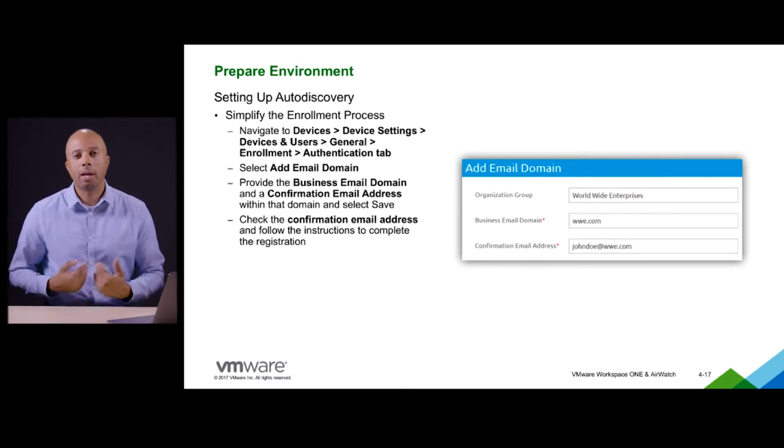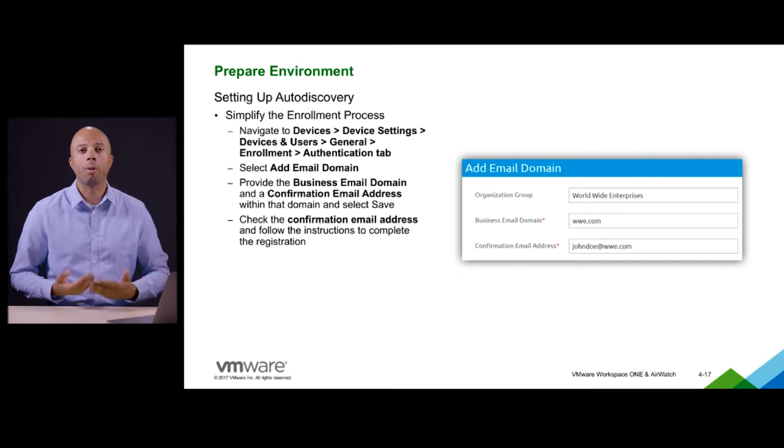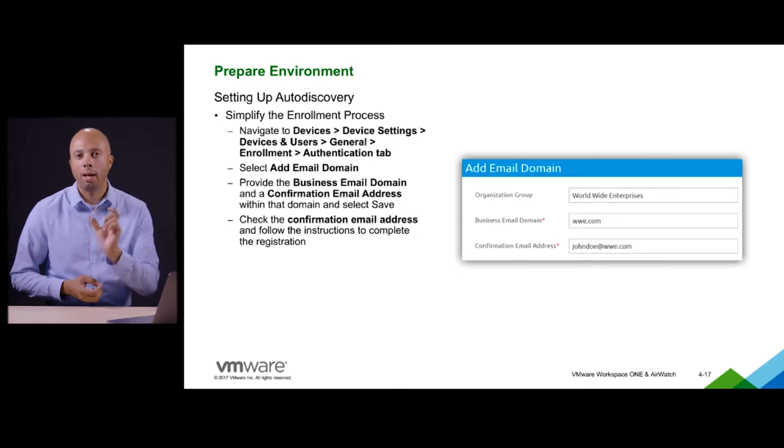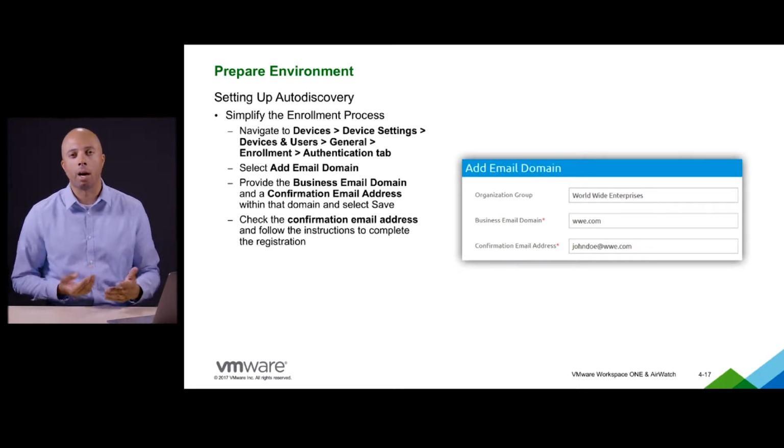On the back end, we as administrators have to do a little bit more work before an end user can enroll with an email address. It's really just a couple of steps. You provide an email domain, such as VMware.com. You provide a confirmation email address, such as johndoe@vmware.com.